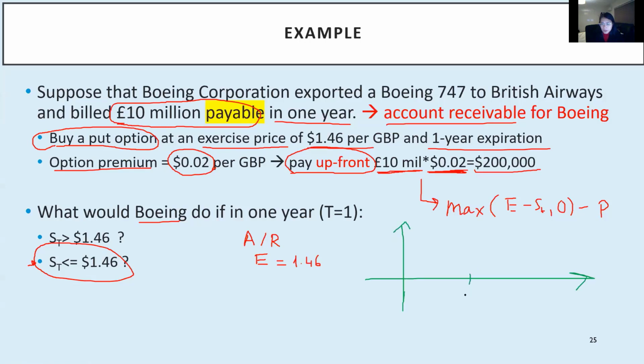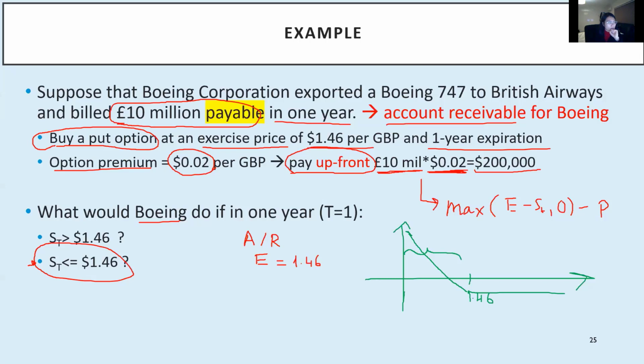So this is my exercise price, 1.46. And what do I have here? I've got a put option, okay? So this is my put option.